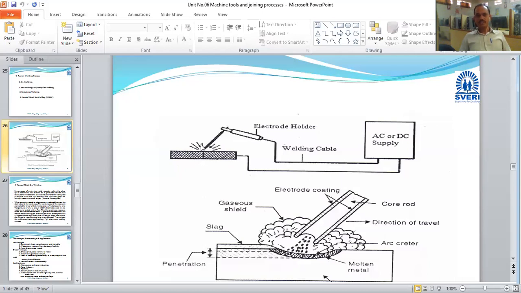Due to that heat, both the electrode and the workpiece melt. Okay, because of the flow of electrons, the current flowing across this air gap develops heat, and this heat is near about 4000 degrees Celsius. Sometimes it may be more by 100 or 200 degrees Celsius, sometimes less, but in general we can say 4000 degrees Celsius.